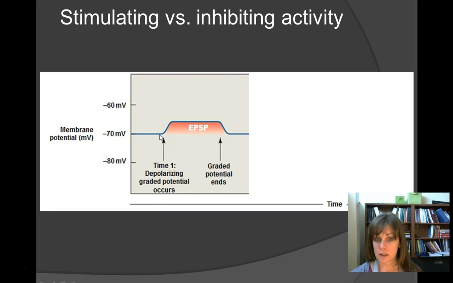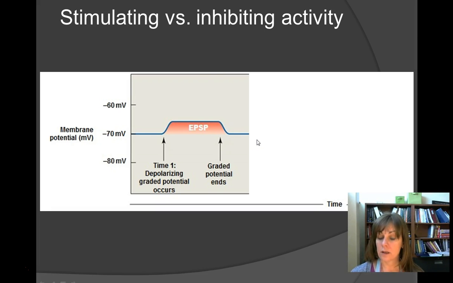We get a stimulus, and sodium rushes into the cell, and we get closer to this -60 threshold. If the stimulus goes away before threshold is reached, then that graded potential goes away. In that case, the channel would close, and we go back to rest.